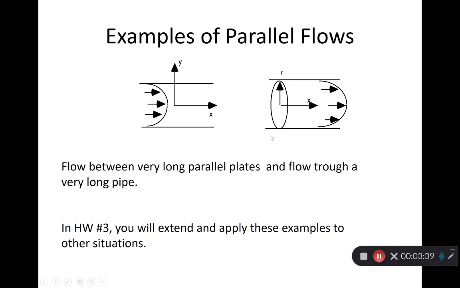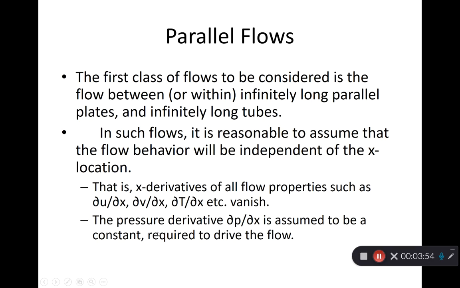A pipe is a stationary object. This is the same wall of a pipe as this. In between there's fluid. So in this case, you would need some kind of pressure gradient to pump the flow from left to right. Therefore, we allow the pressure gradient to be non-zero in the x direction, but we do not allow any other gradients.